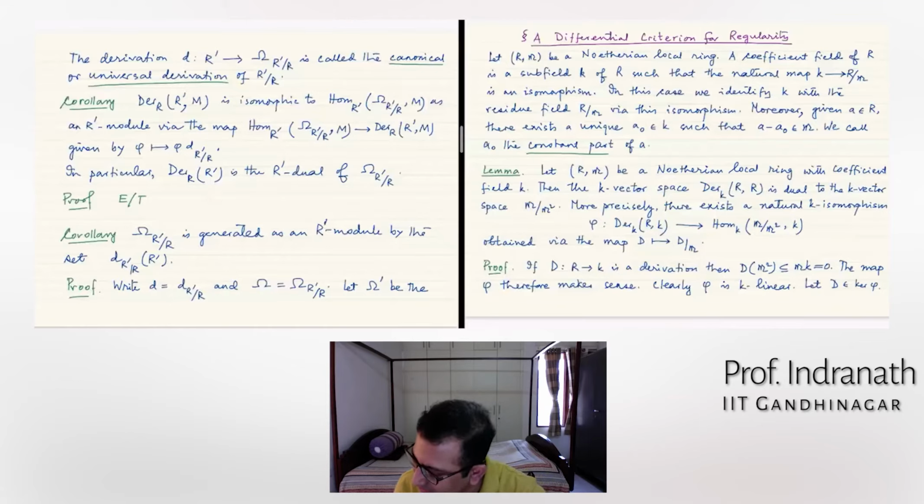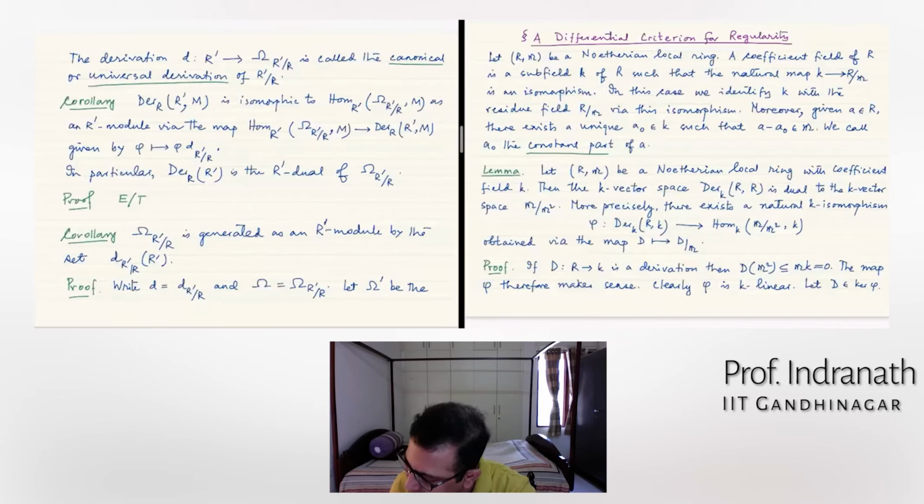So we are now in a particular situation that we have a Noetherian local ring, and we are particularly interested in this very module. You know what it is. Okay. So we are now going to show that this particular map itself is a natural k isomorphism. Proving that is again mostly routine.